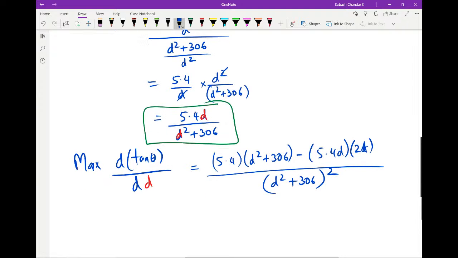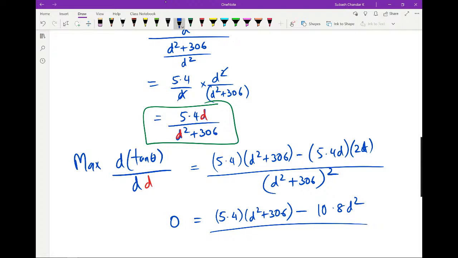Okay, so now this is all equal to 0. We put this equal to 0, and we've got 5.4 times d squared plus 306, minus 10.8 d squared, over d squared plus 306 squared.